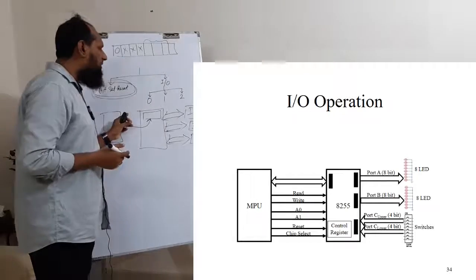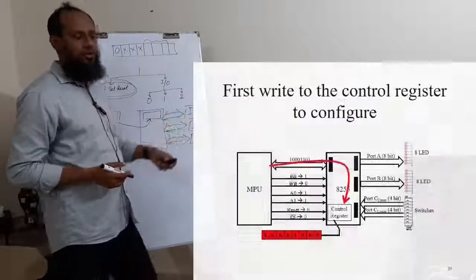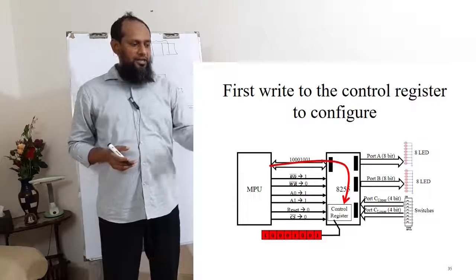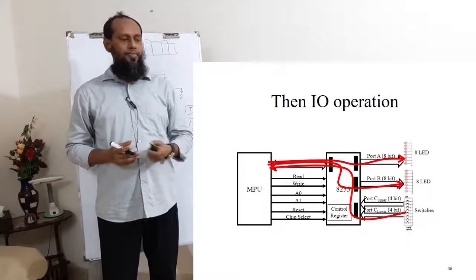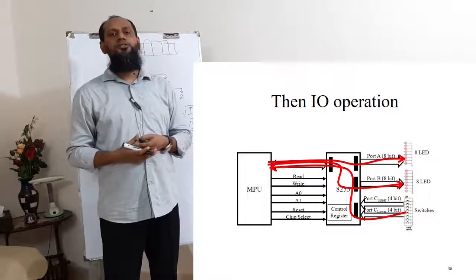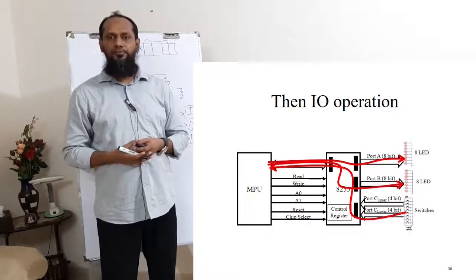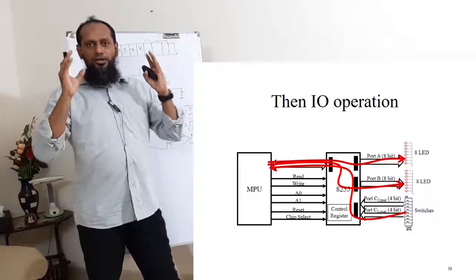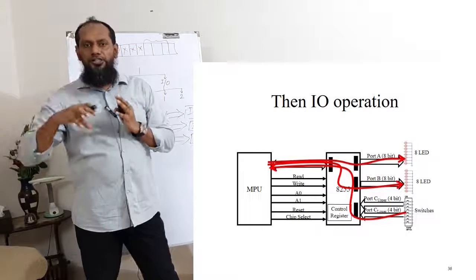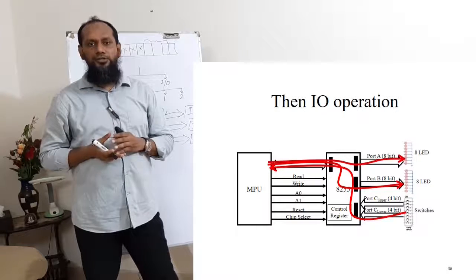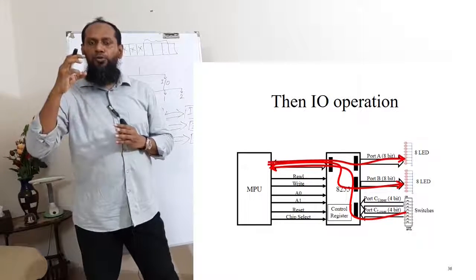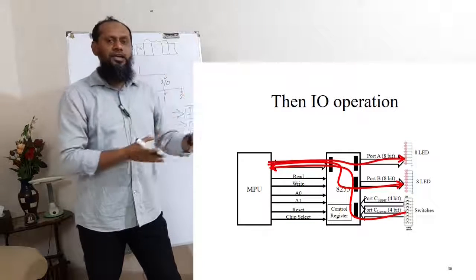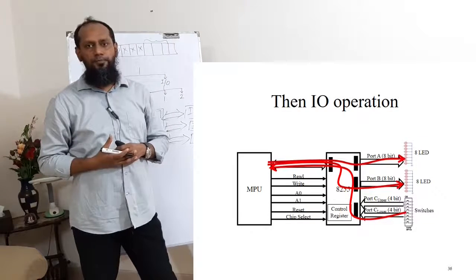Then we will be able to use the port. This figure shows that first we have to write on the control register, and then we will be able to have the IO operation. Keep in mind, this is very important. If we want to have some IO operation on different ports of the 82C55, before doing that IO operation, we have to configure the control word first.